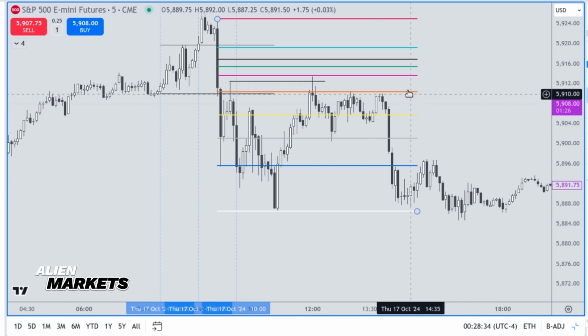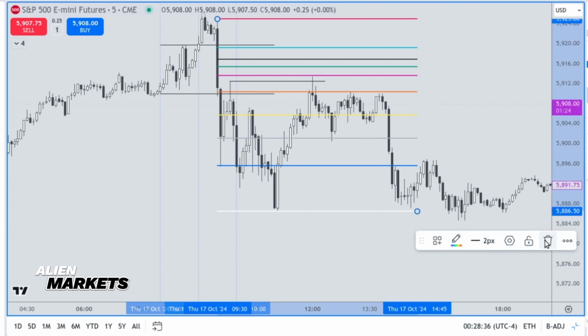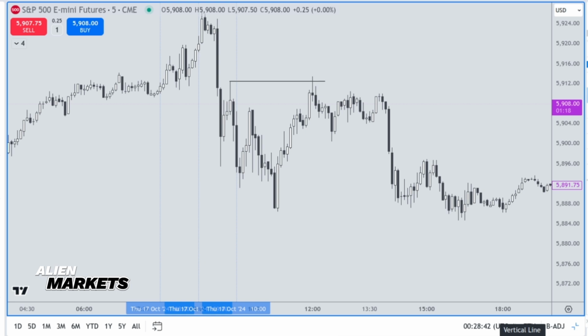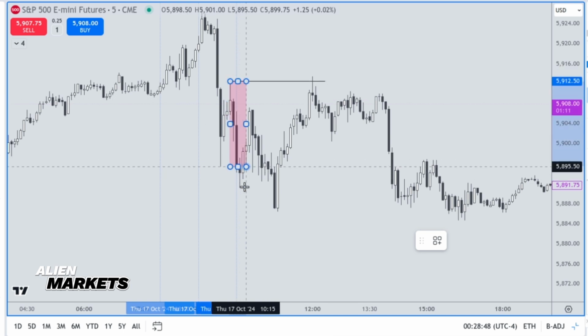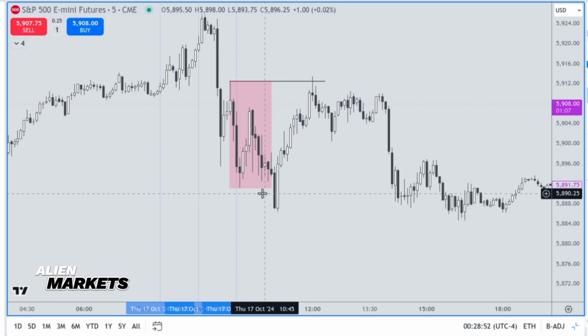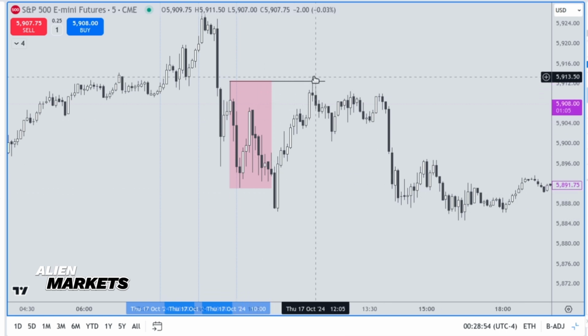But look at this. What is this, guys? What is this? This is another outside bar. You have this range here that its low and its high are taken, right?